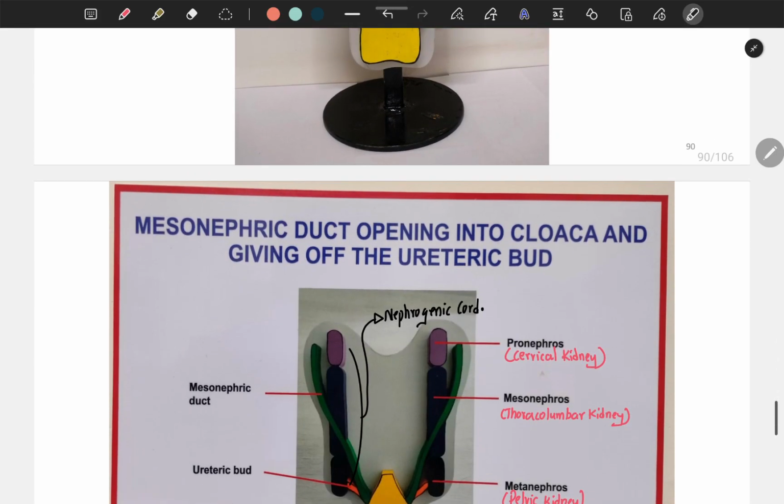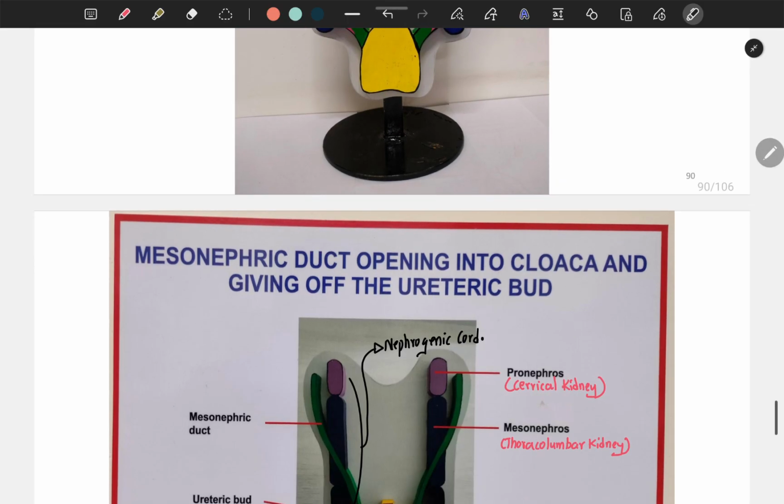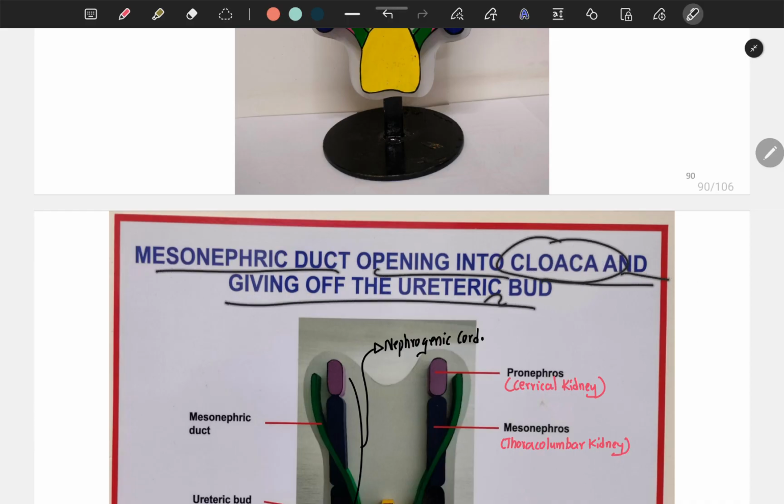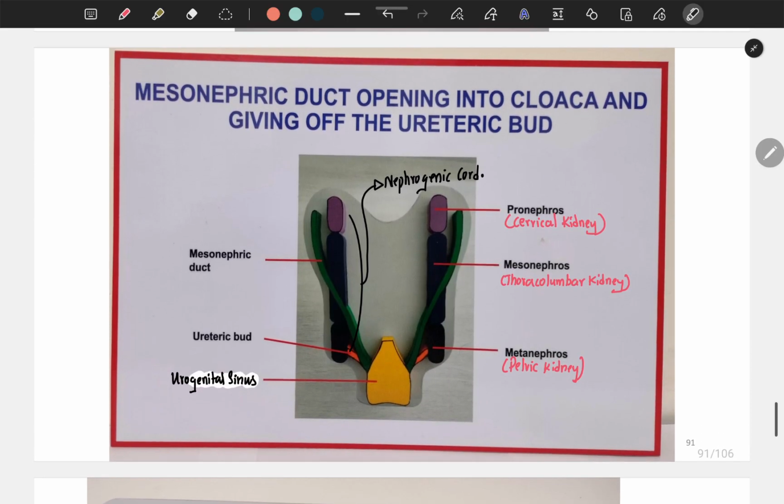Okay. Now coming to the development of kidney. This is the mesonephric duct opening into the cloaca and giving the ureteric bud. So kidney development.